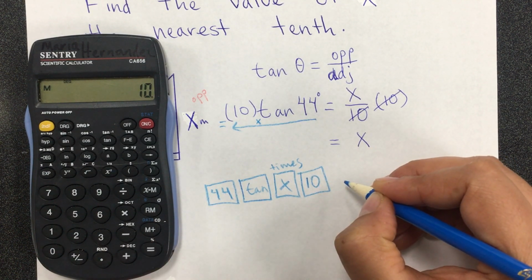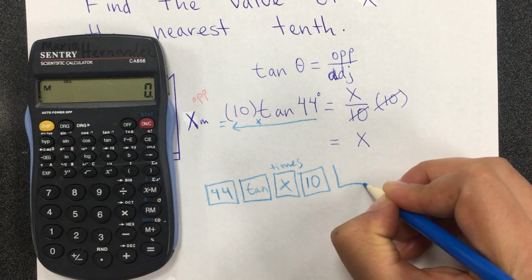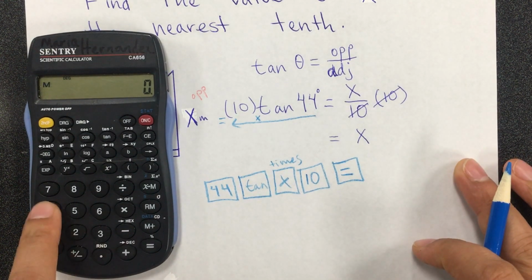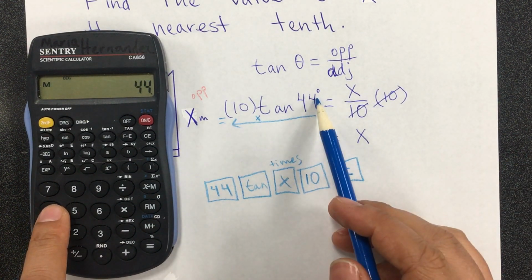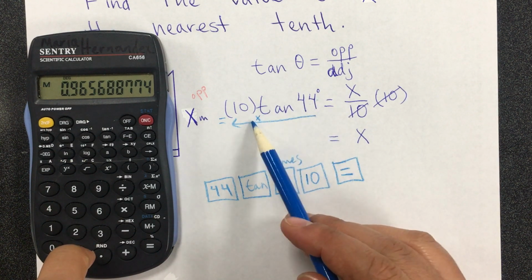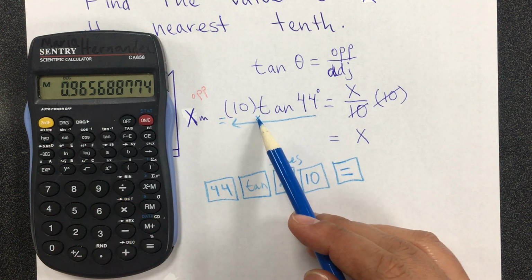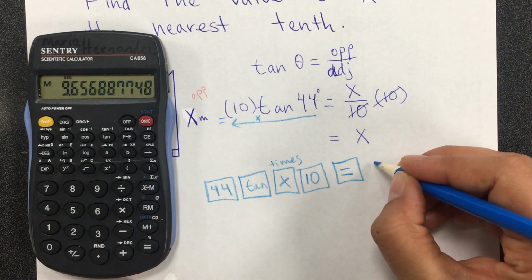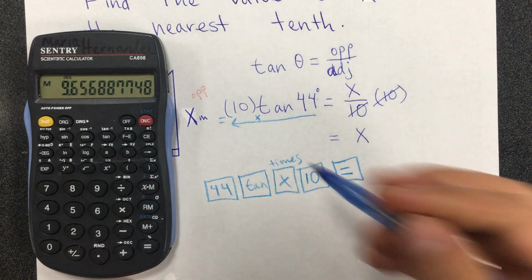And then equal. I didn't. Okay, again, 44, tangent, times, which I forgot to do, and then 10, and then finally equal. So the answer is 9.